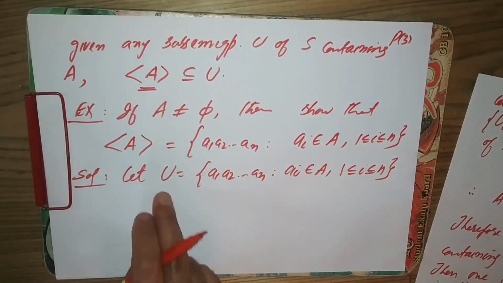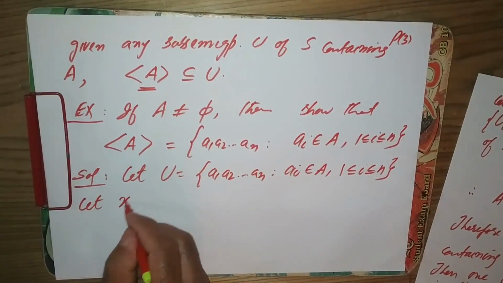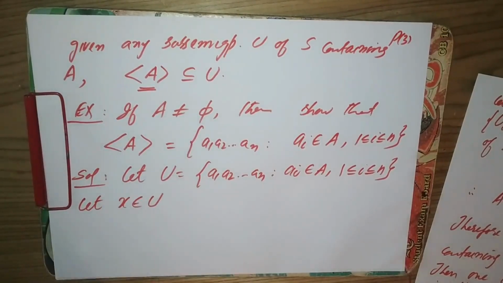So let's take any element in U. Let X belong to U. We show that it's also in that semigroup.